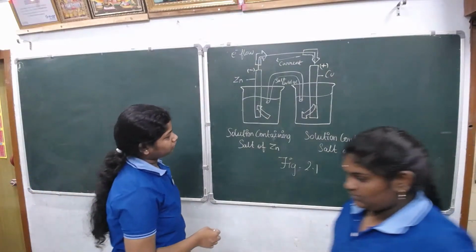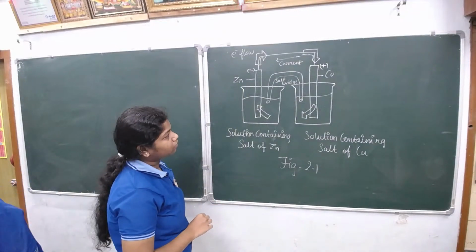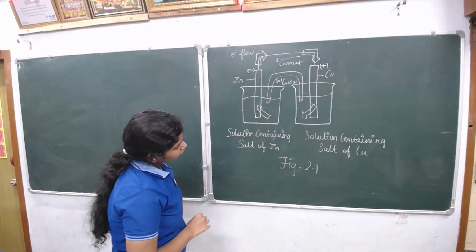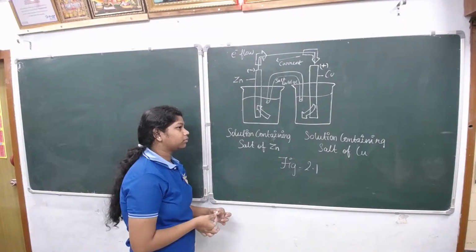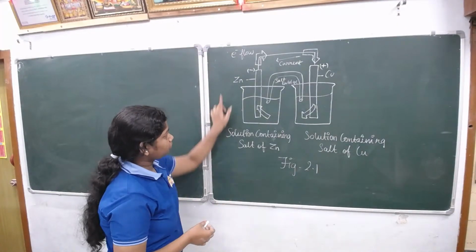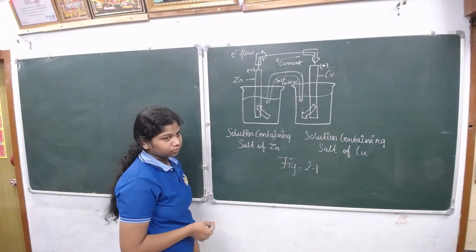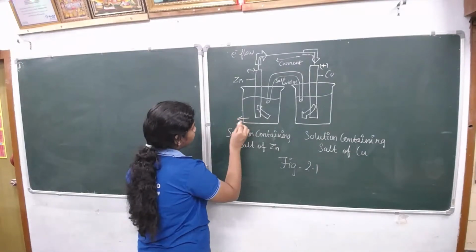Now you have got two compartments. It's an electrochemical cell. The left compartment is a zinc electrode dipped in zinc sulfate. Write down zinc sulfate as the electrolyte.